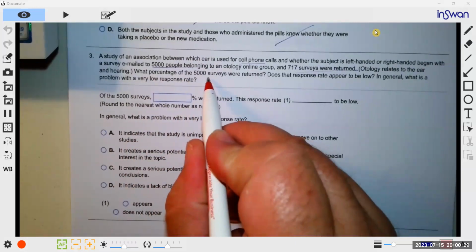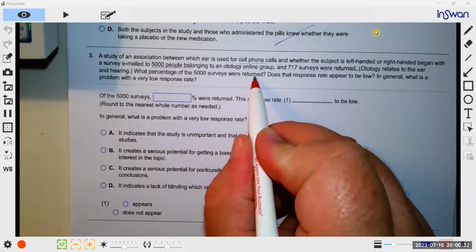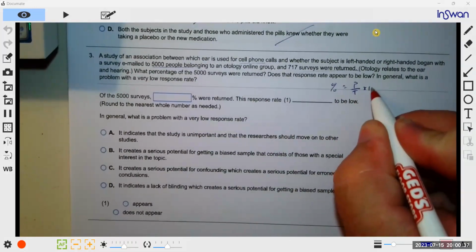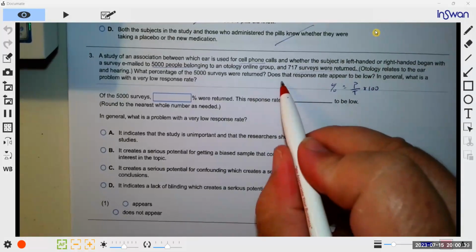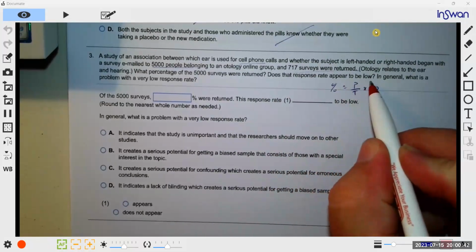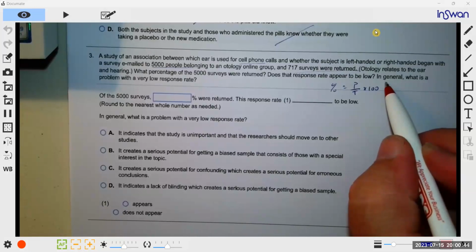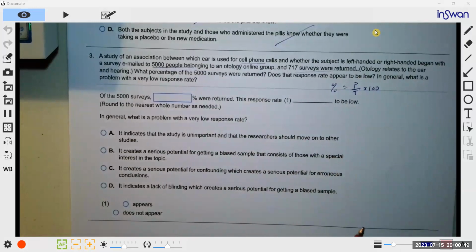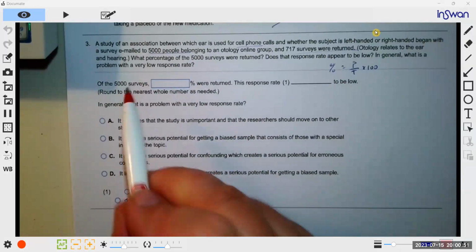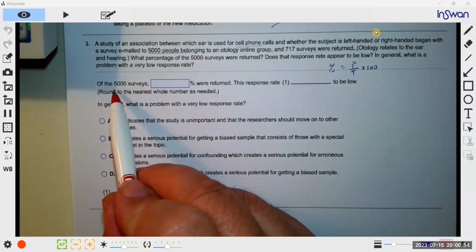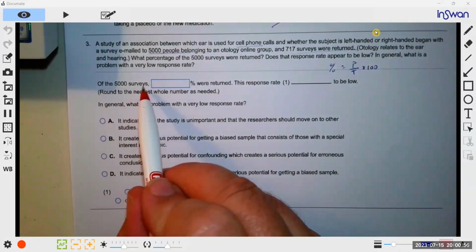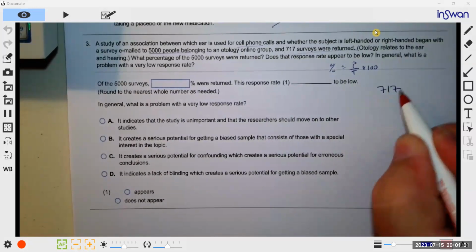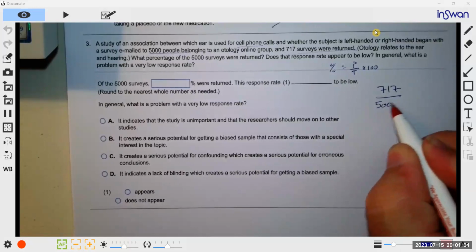What percentage of the 5,000 surveys were returned? Remember, percent is part over total times 100. Does the response rate appear to be low? In general, what is the problem with a very low response rate? So of the 5,000 surveys, we had 717 out of 5,000.